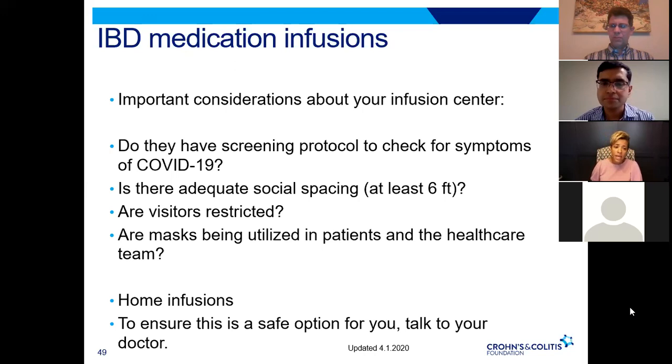Something that is really important is, if you have certain symptoms that are concerning for COVID-19, contact your infusion center, your care manager, your healthcare team, your doctor before you go into the infusion center, especially if you have a fever that's greater than 100.4 degrees Fahrenheit, or if you've had a new cough or a new shortness of breath in the last 2 weeks, because again, these could be symptoms of COVID-19, or if you had a known exposure to someone with COVID-19, because you may be placing someone else at risk, and you may also not need that particular infusion at that particular time, because your team may decide that holding it for a period of a few days or up to 2 weeks may be the best option for you.